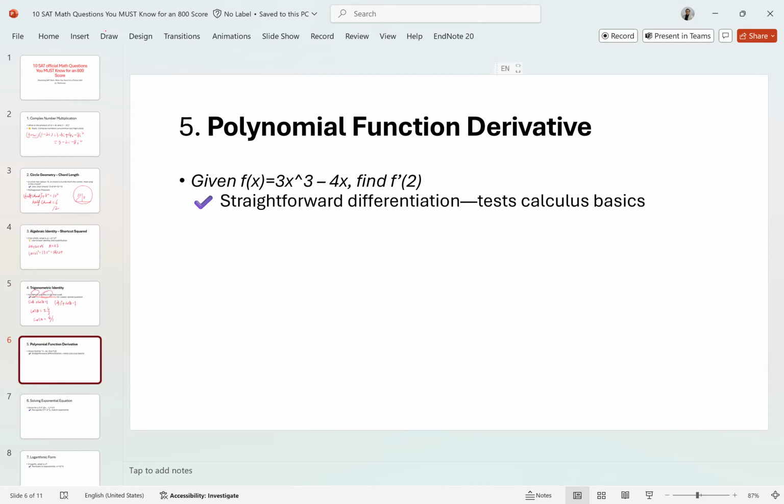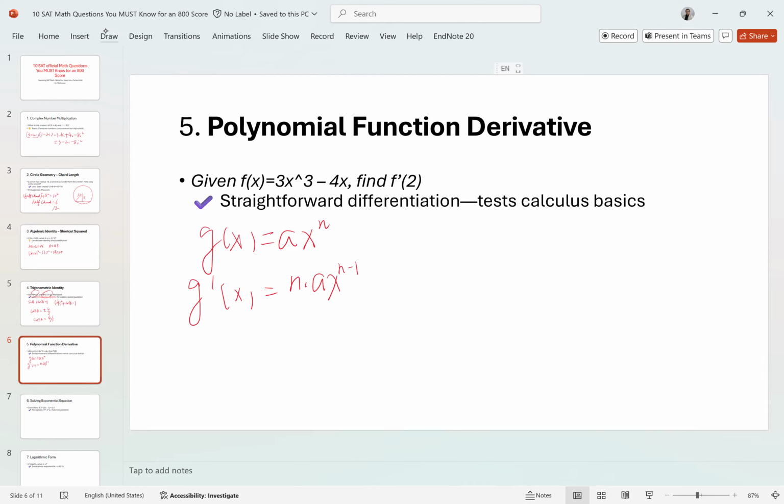We would use the power rule for differentiation, which states that if g of x equals a times x raised to the power of n, then we know the g prime of x would equal n times a times x raised to the power of n minus 1, right?